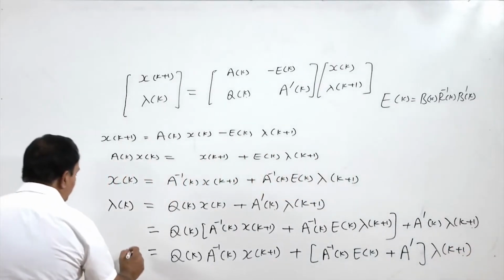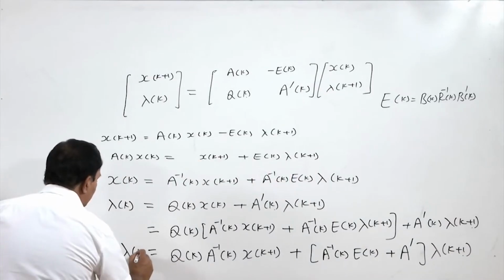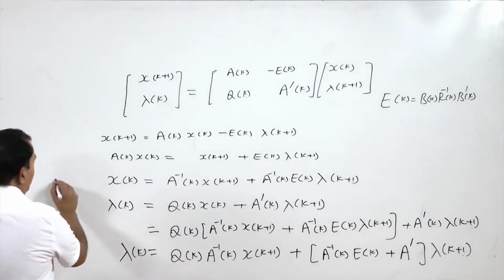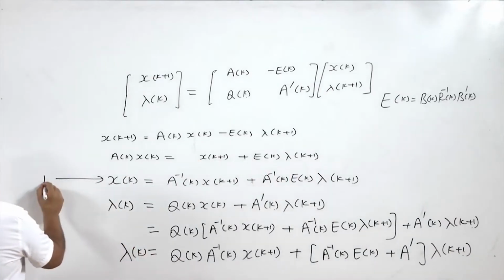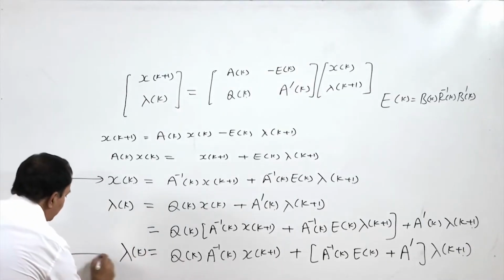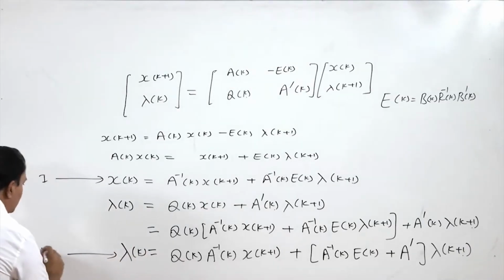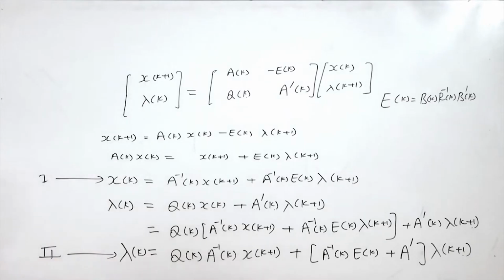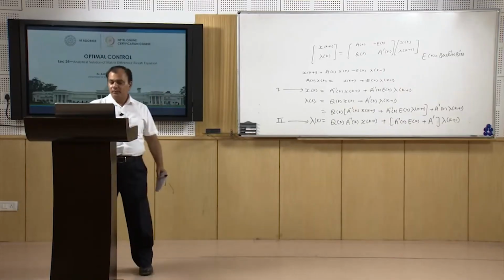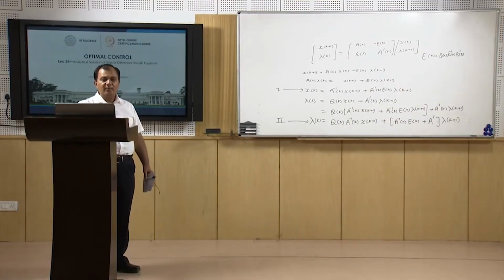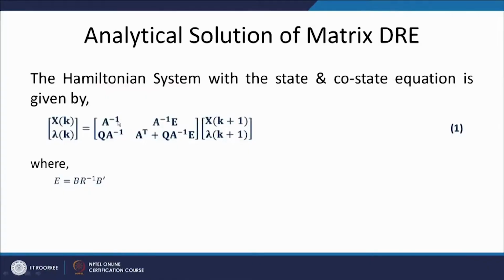So, from these two equations, one is and second is, I can write my required form as x k lambda k. So, what is my x k? A inverse of k x of k plus 1, A inverse of k lambda of k plus 1.